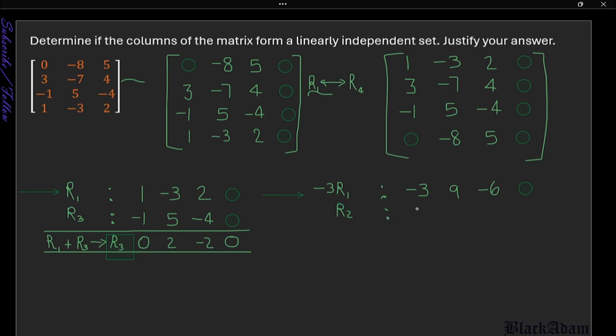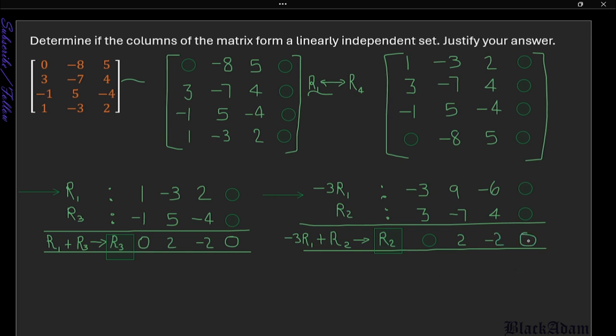Row 2 we put as it is, which is 3, -7, 4, and 0. Then we add them together. -3 times row 1 plus row 2 cancels the pivot position, which is our target, and we put it in row 2. So -3 plus 3 is 0, 9 plus -7 gives us 2, -6 plus 4 is -2, and 0 plus 0 is 0.